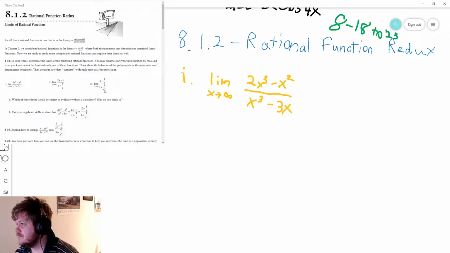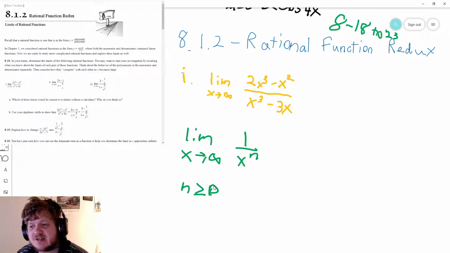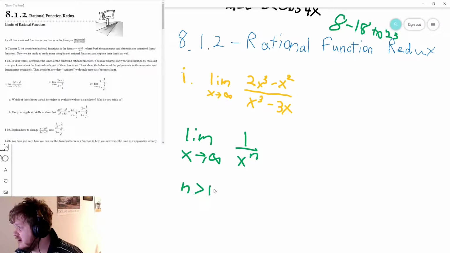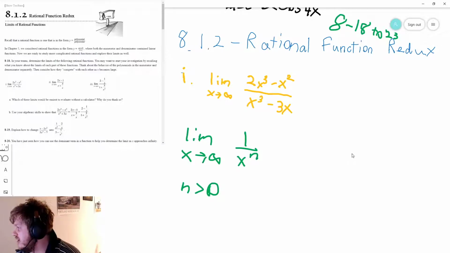because if we have the limit as x approaches infinity of 1 over x to the n, where n is greater than 0, as x gets bigger and bigger, if we do a quick sketch of it, it's always going to have this general shape.